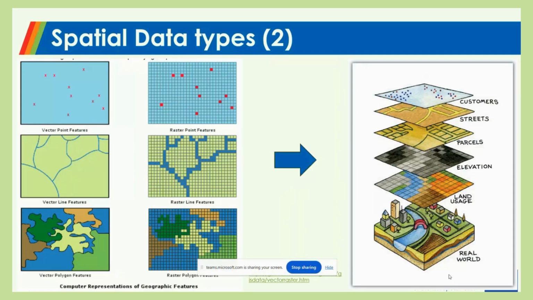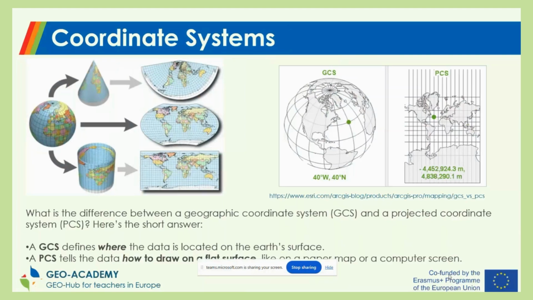system. The second key categorization is the way we are trying to explain where everything is located, either on the globe, as we see on the left image, or on a flat surface, on a two-dimensional surface.